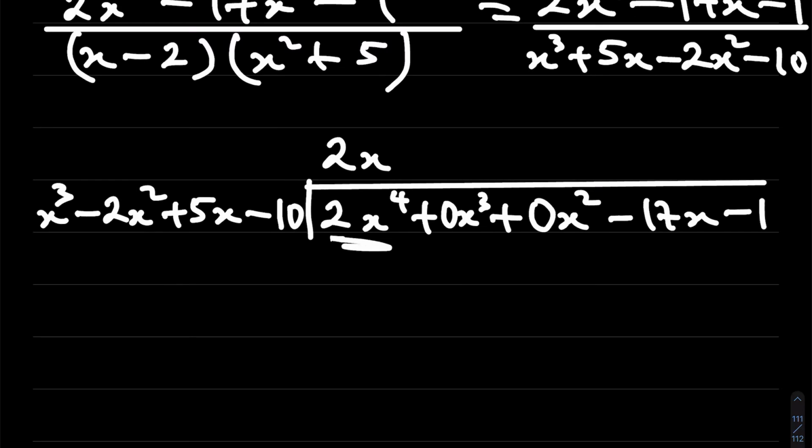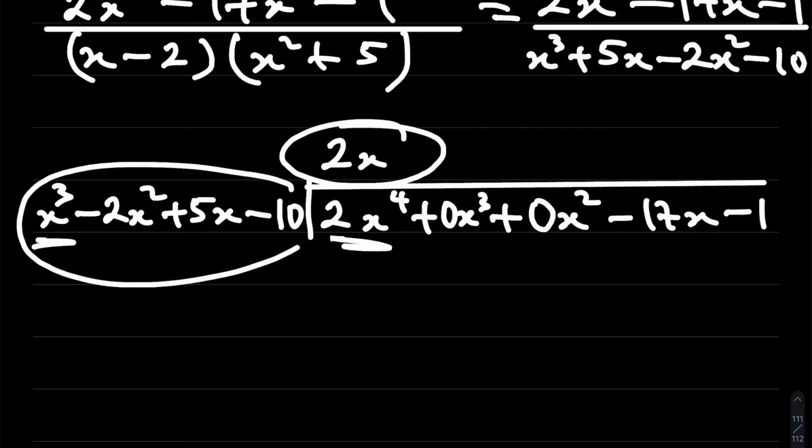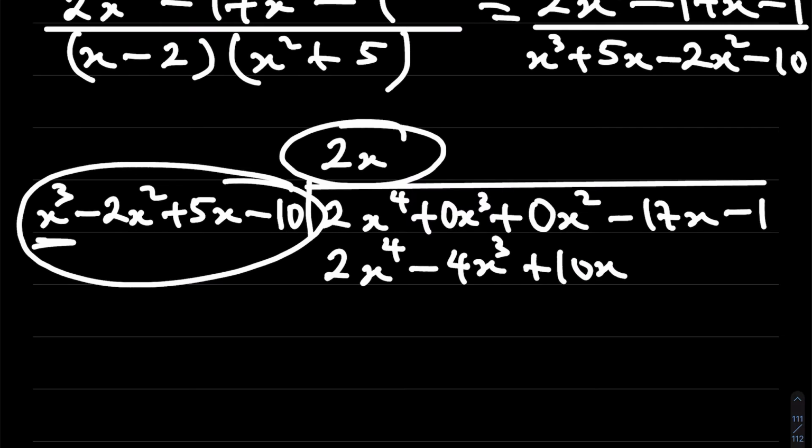2x to the power 4 divided by x cubed, that's 2x. Now I'm multiplying this by the whole of the divisor, which simply means 2x to the power 4 minus 4x cubed plus 10x squared minus 20x.